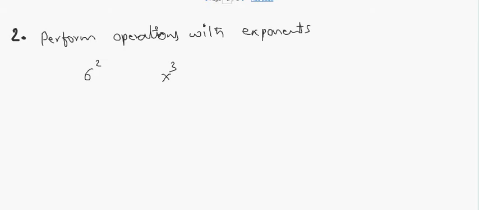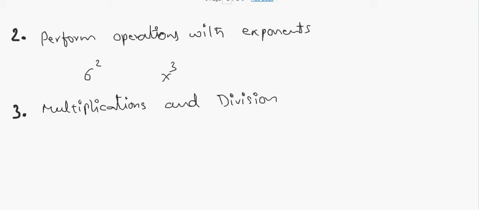The third one is to perform multiplication and division from left to right.